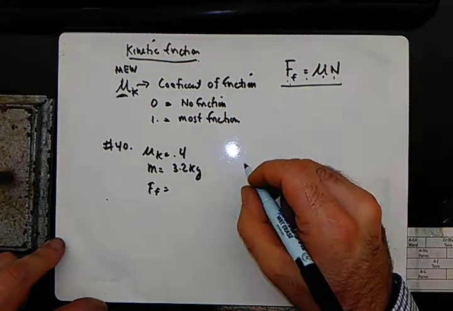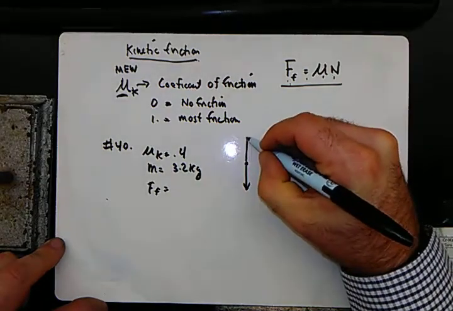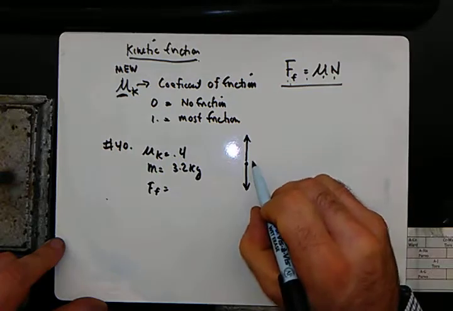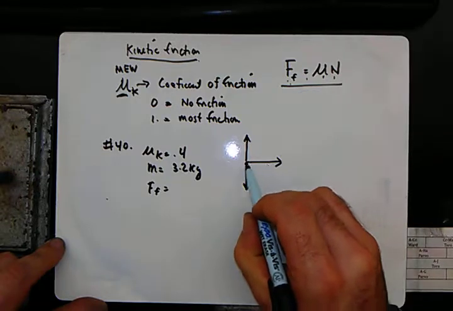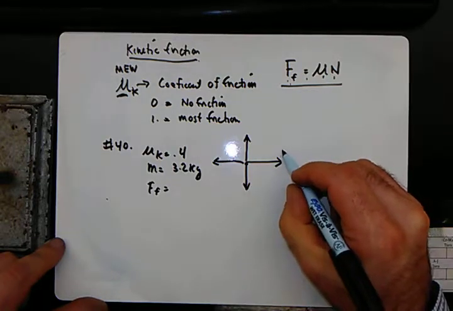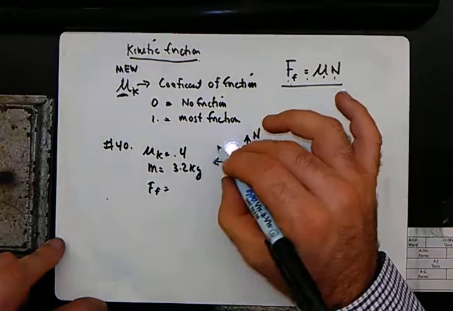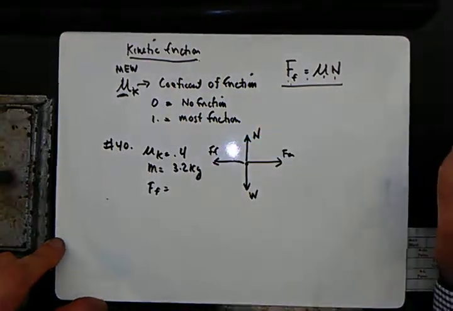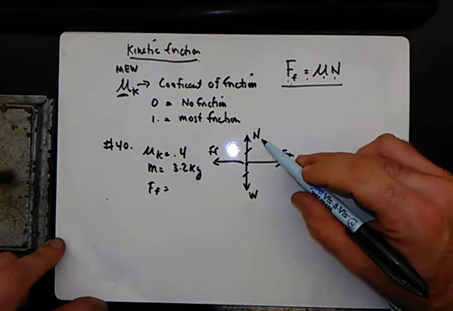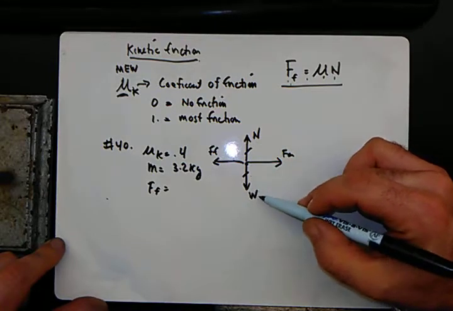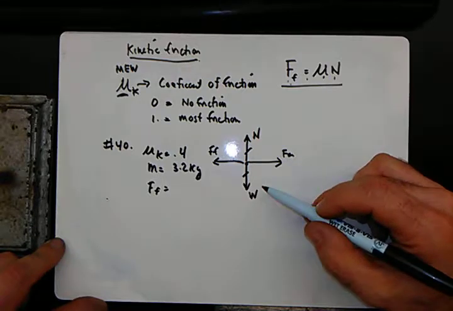So for a question like 40, you would have to draw a free body diagram because you want to find out what that normal force is. Now, the object's sliding, so we'll label the force applied, weight, normal force, and force of friction. One interesting thing about the normal force is that it is equivalent in magnitude to the weight, just the opposite sign.